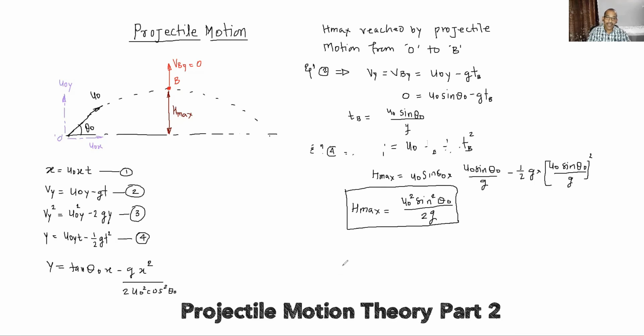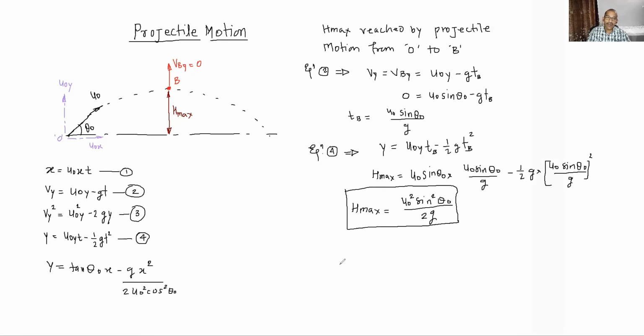Now the same h max you can find by applying one more equation, that is, equation number 3 directly. The third equation is Vy square equals u0y square minus 2gy. If we use this equation, a similar formula is possible. What is the other method?